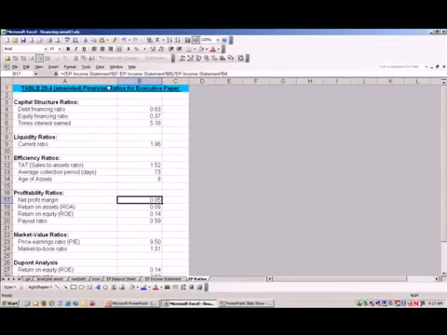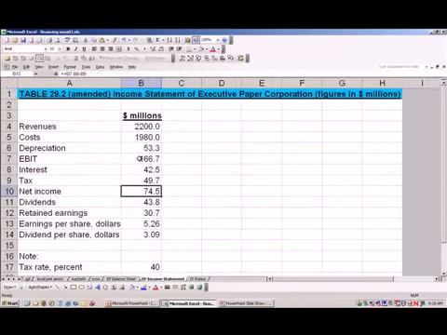And here we need two numbers, actually three numbers, from the income statement. So profit margin is defined as earnings before interest and taxes minus the tax payment divided by revenues.